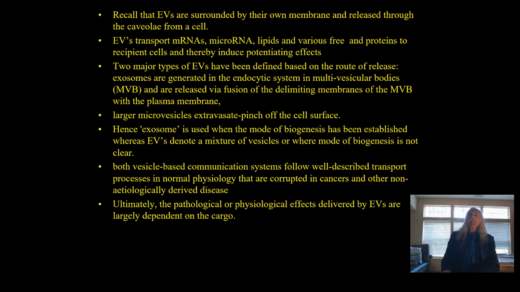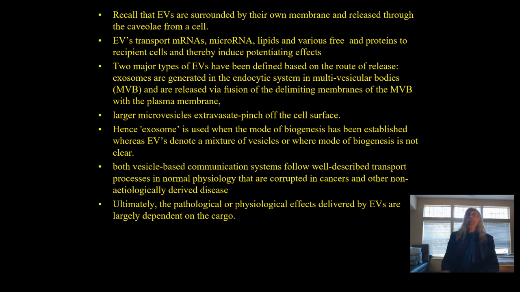So the two major routes of these EVs are defined based on the route of release. Exosomes are generated in the endocytic system in multivesicular bodies called MVBs, and ultimately they're released via fusion of the delimiting membranes of that MVB with the plasma membrane.